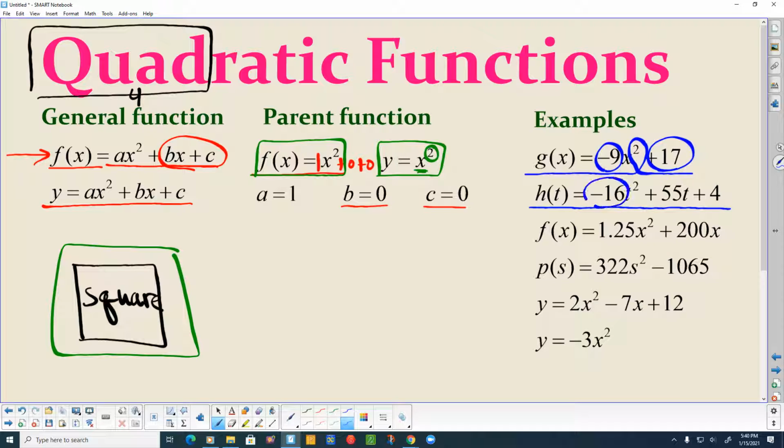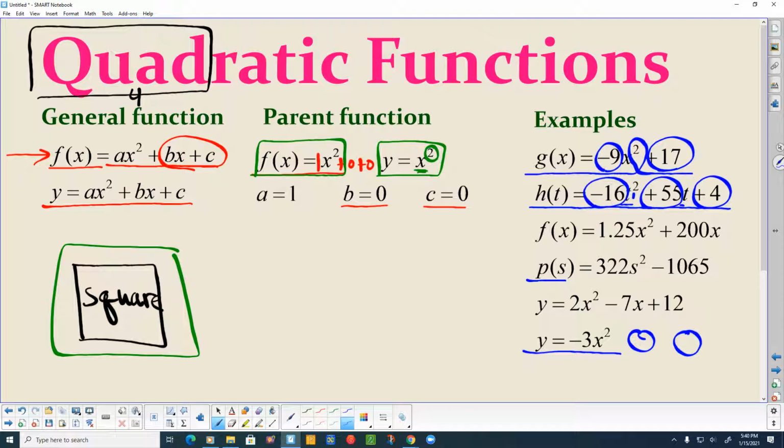Here's my a, here's my b, here's my c. The b has the t next to it. The a has a t squared. And I will do one more: y equals negative 3x squared. Your b is 0 and your c is 0.